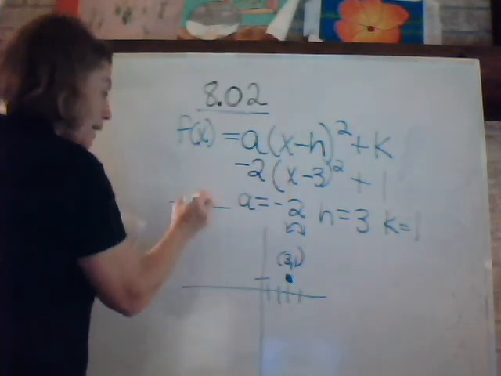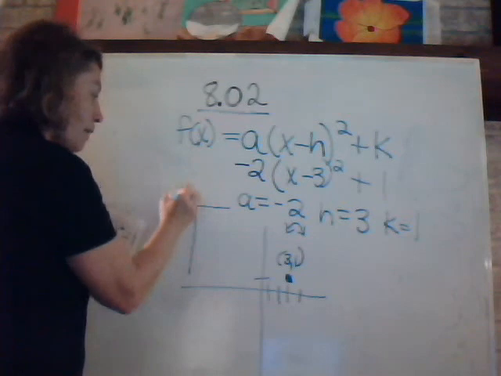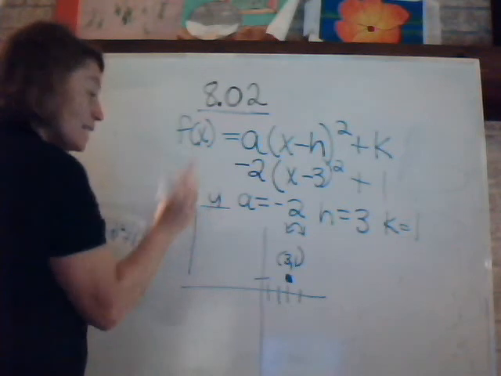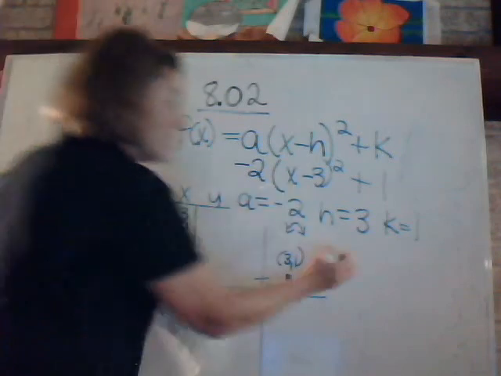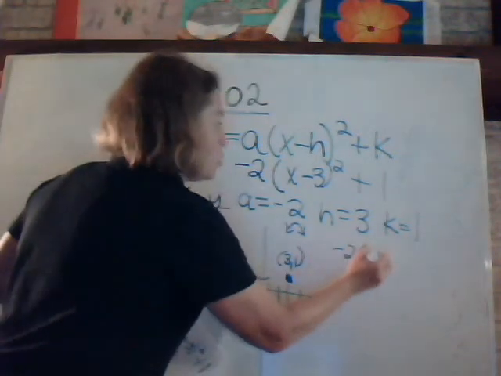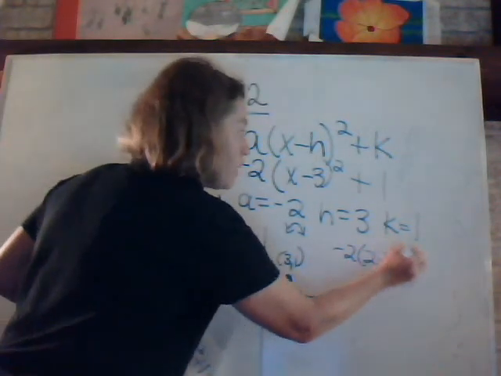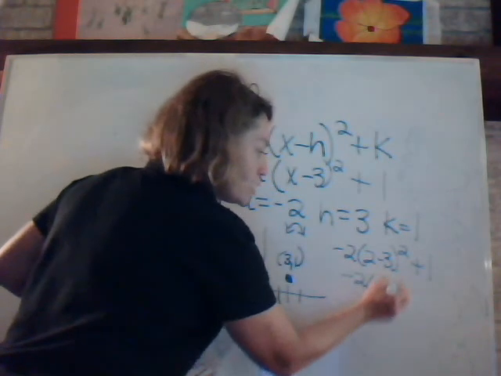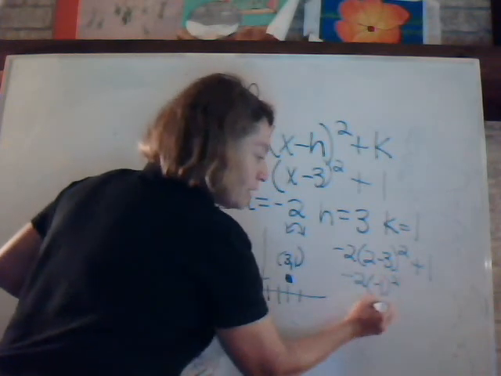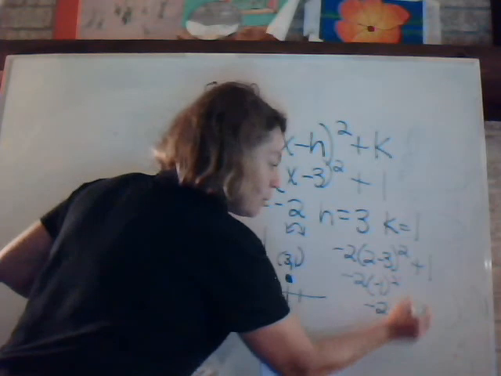So basically, I'm making a T-table with 3 as the center point. So let's plug in 2: negative 2 times (2 minus 3) squared plus 1. Negative 2 times negative 1 squared. That's positive 1 times negative 2 plus 1. So I get out negative 1.